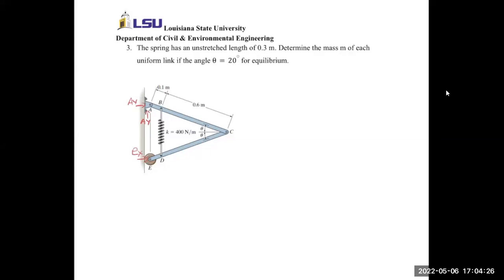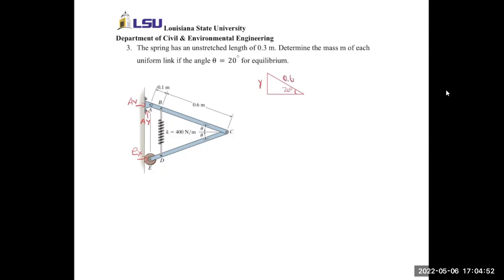So first, we have an unstretched length of 0.3. That's for the spring constant. Let's find out what's the stretched length. So let's consider this is half of the stretched length. Let's call it Y. Okay, and then we have angle theta 20 right here, and this is 0.6.